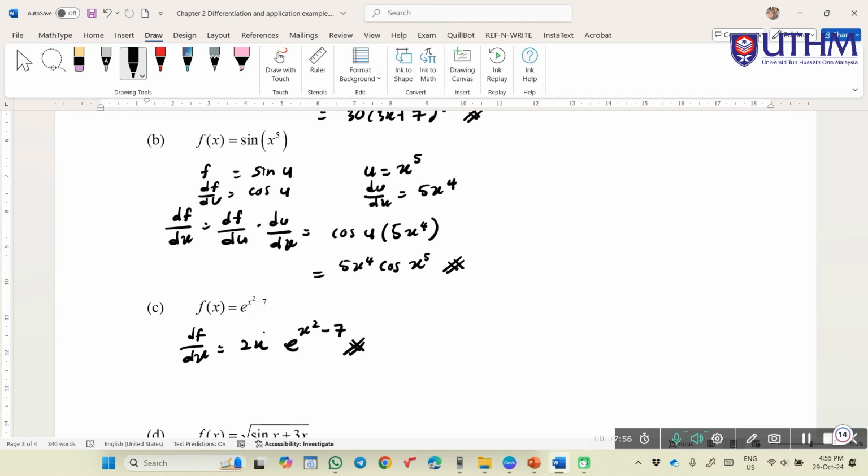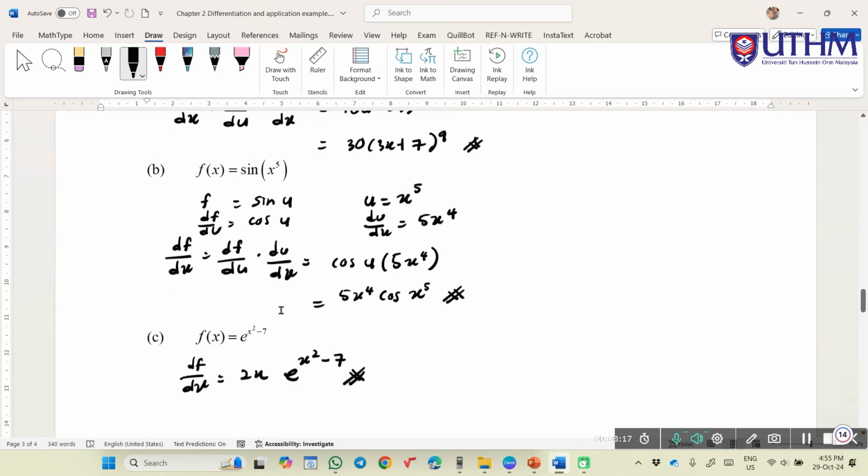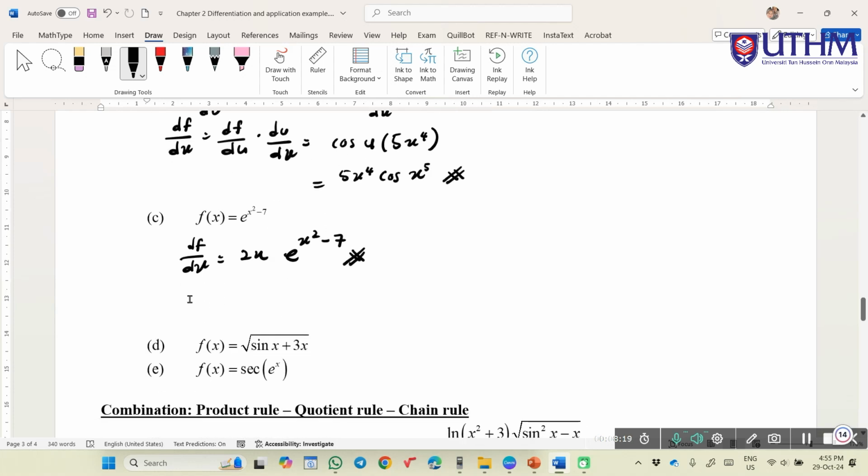But now I want you to use the chain rule. Actually, what we have done when we use it directly is the chain rule, but without the formula. Now we go back to the basics, so try using the chain rule formula.